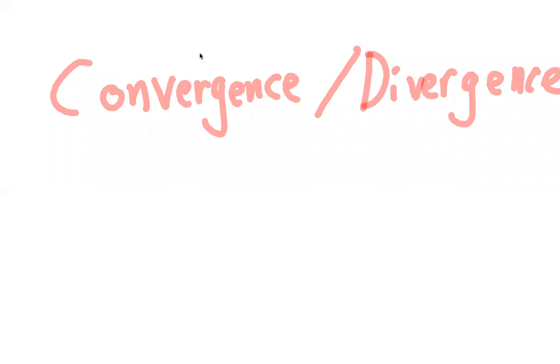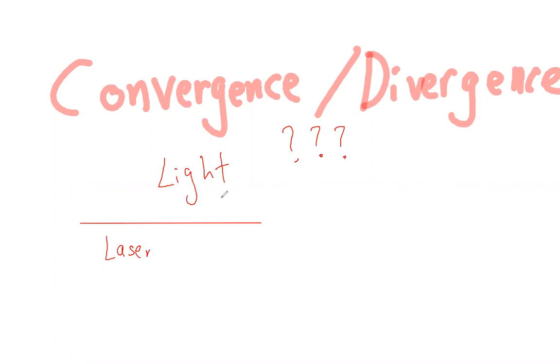The whole thing we're going to talk about is convergence and divergence. So what is convergence and divergence? Let me give an example. Let's say we take light. If the light converges, it forms something like a laser beam, which focuses at one point. A laser beam is a beam of light that focuses at one point. We say the light converges, or in another way, it focuses.